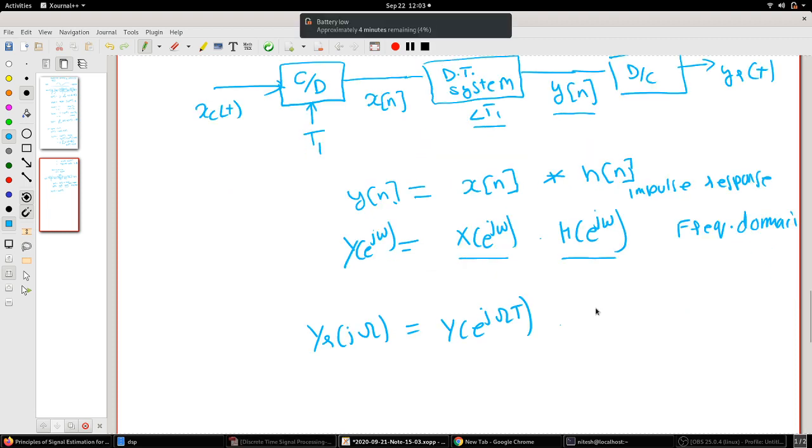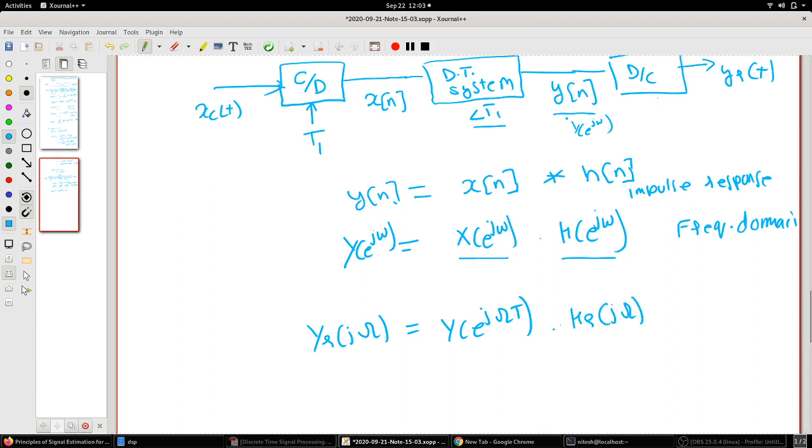So you have another relation with you, which is Y_r of j omega, the reconstructed output, is actually Y of e raised to j omega T. When I change Y of e raised to j omega back to continuous time, the relation is omega equal to omega T, into H_r of j omega.